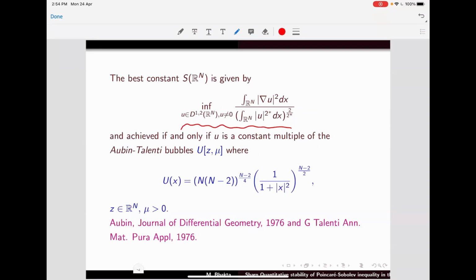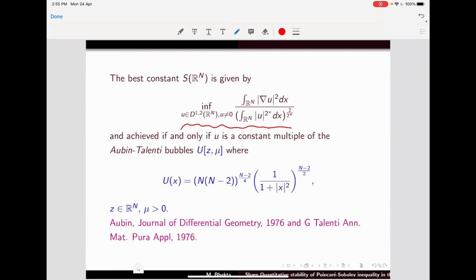It has already been proved that the Sobolev constant is achieved by the Aubin-Talenti bubble, and it is achieved if and only if u is a constant multiple of the Aubin-Talenti bubble.